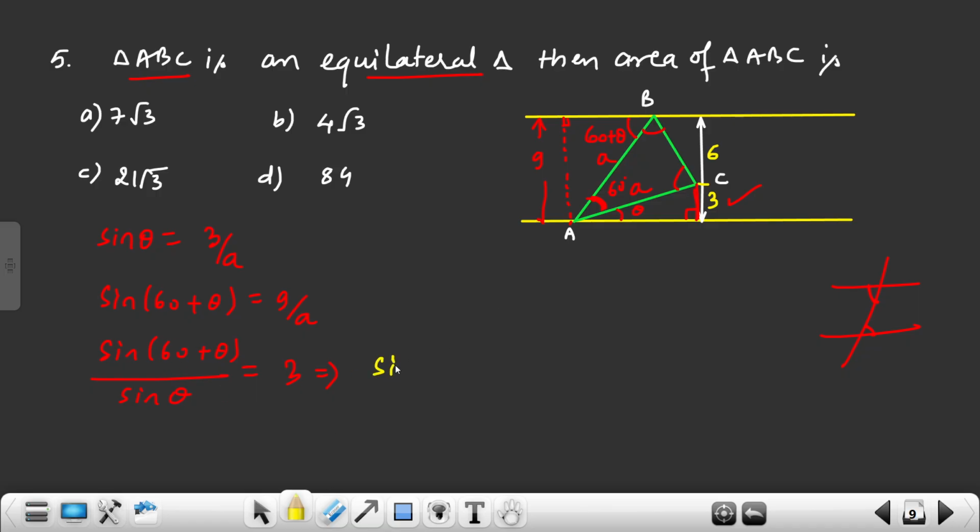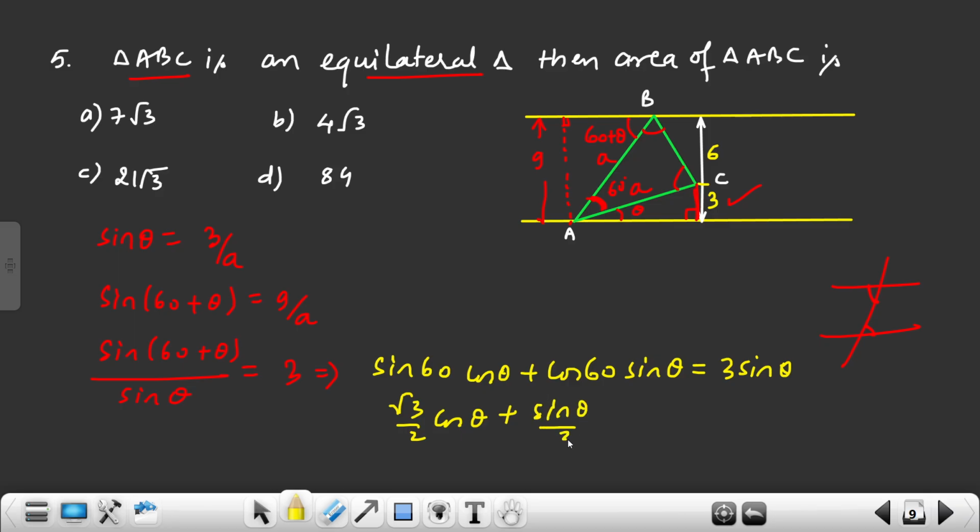What is it? Sine A cos B plus cos A sine B, and this is 3 sine theta. Sine 60 value is root 3 by 2. So root 3 by 2 cos theta plus cos 60, which is 1 by 2, sine theta, equals 3 sine theta.